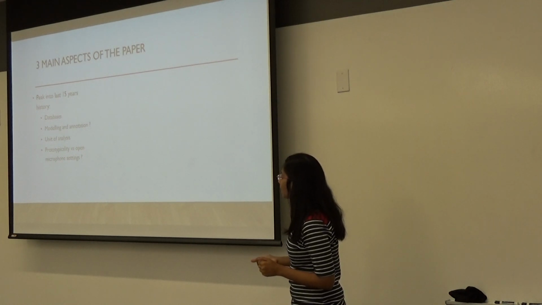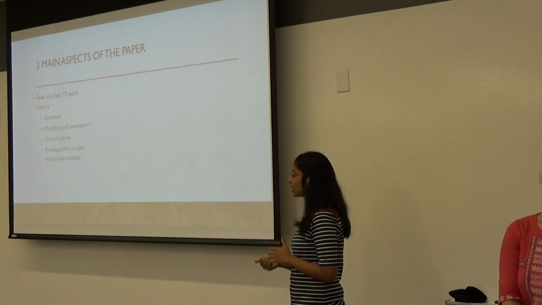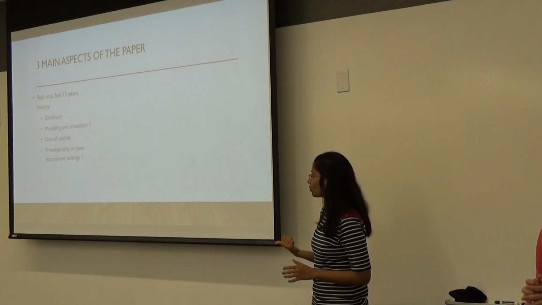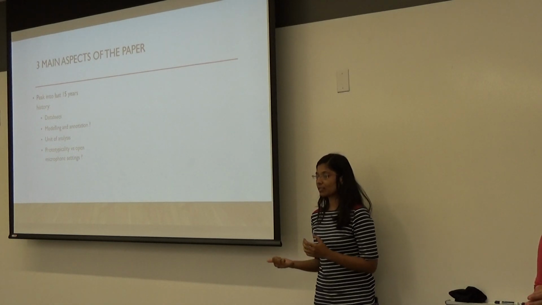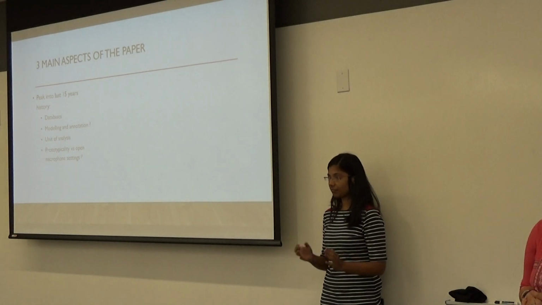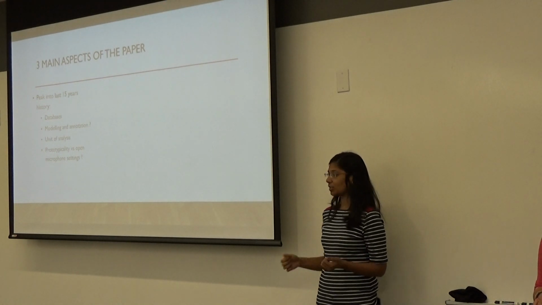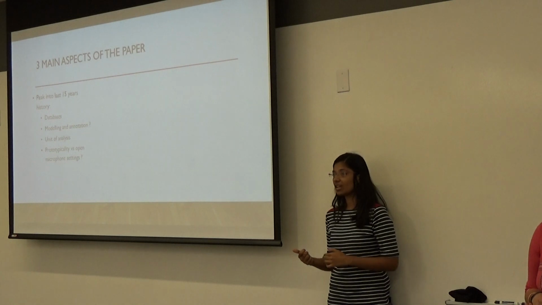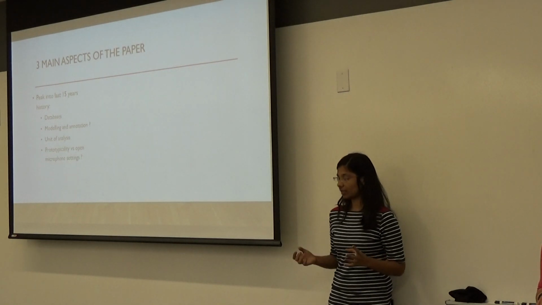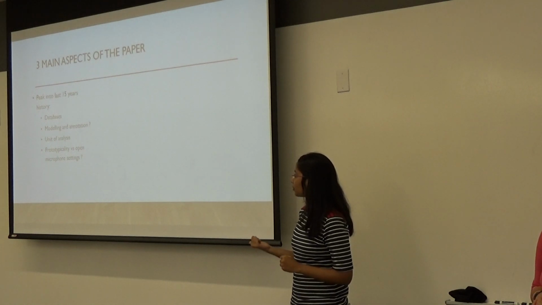Lastly, it's prototypicality and open microphone settings. Till now, we've only been using prototypical data, because that's how we've been annotating our data. It's either happy or sad. We are using very few emotions, because even in the paper, in the sub-challenges, many people just went to the two-label setting.